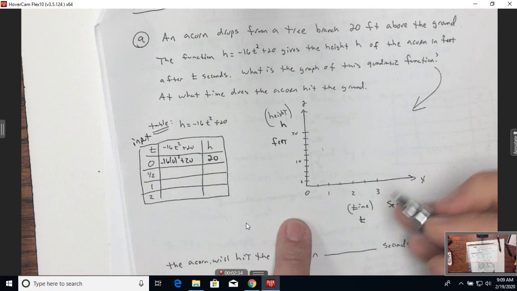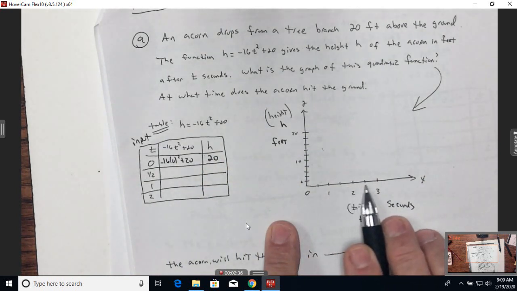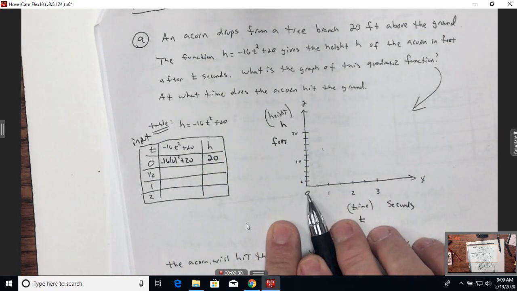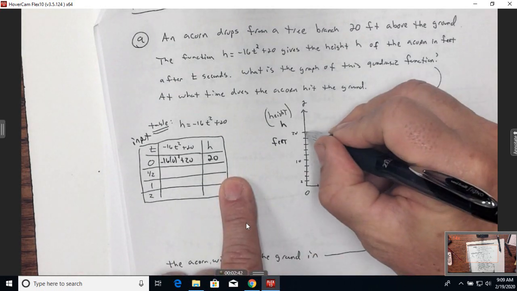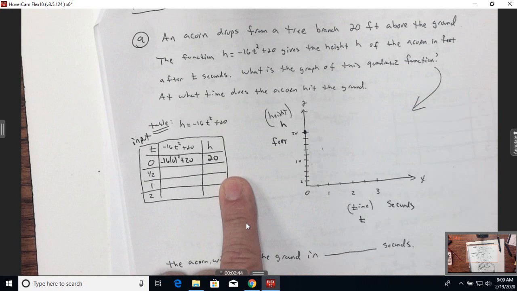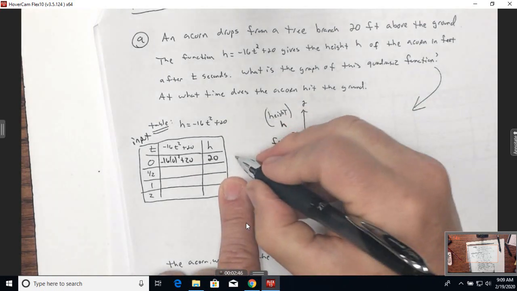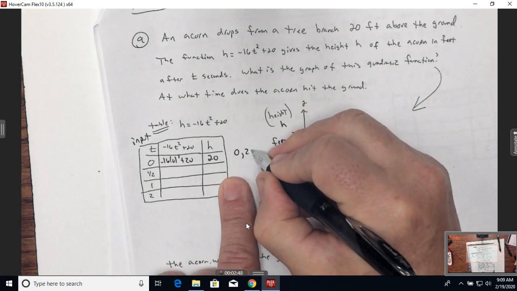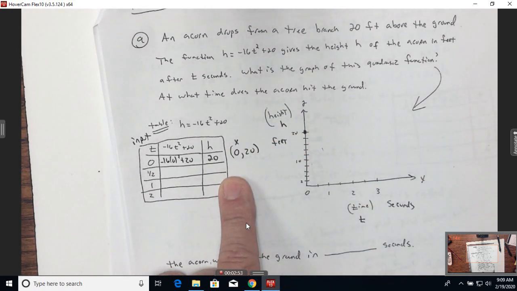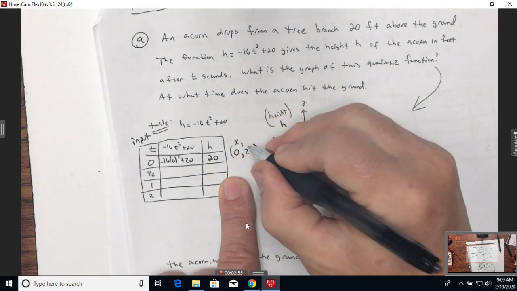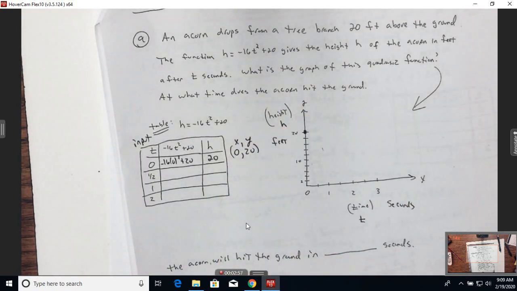So what that means is that if my time, my x-axis is my time, is 0, my height of the acorn was 20 feet. So that is a point on the graph. These are ordered pairs. If you input a 0, my output was a 20, and inputs are always your independent variables, which are your x's. Your outputs are your dependent variables, which are always your y's. Y'all follow that? Okay, let's do another one.